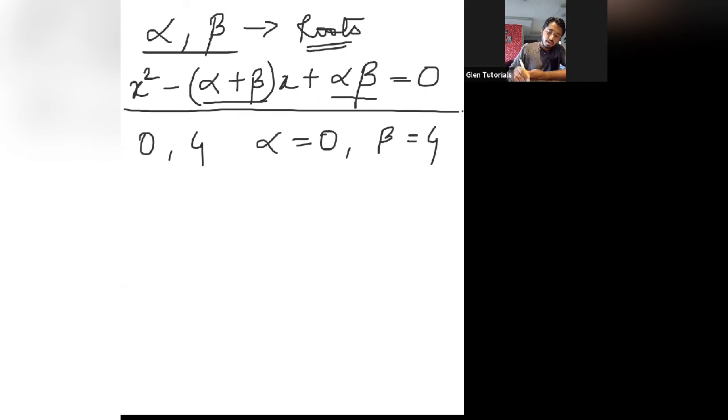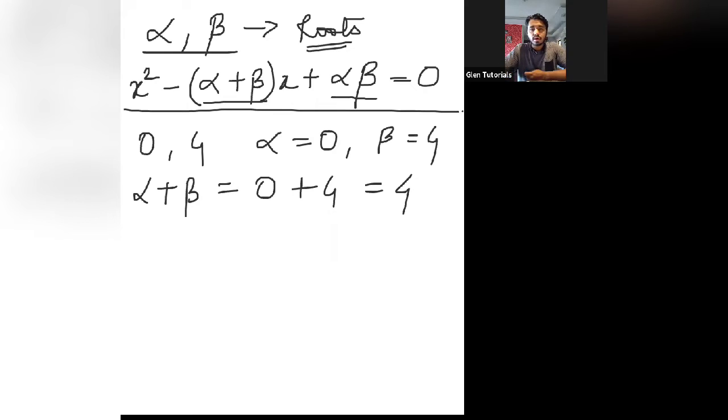Before that, we'll make our sum a little easy. We'll find alpha plus beta and alpha beta. So alpha plus beta is equal to what? 0 plus 4, that is equal to 4. Correct? Simple. And alpha beta is equal to what? 0 multiplied by 4, that is equal to 0.